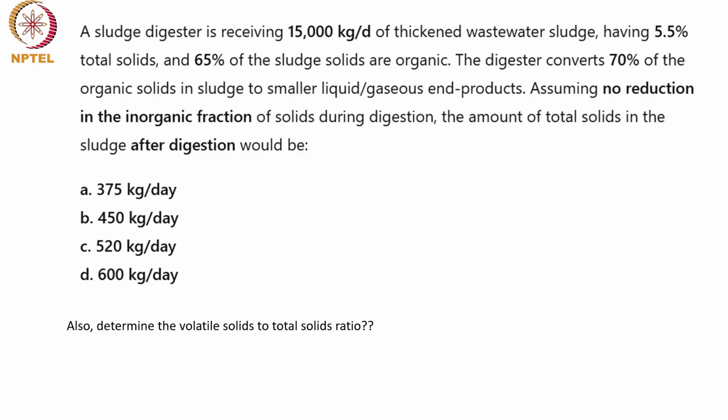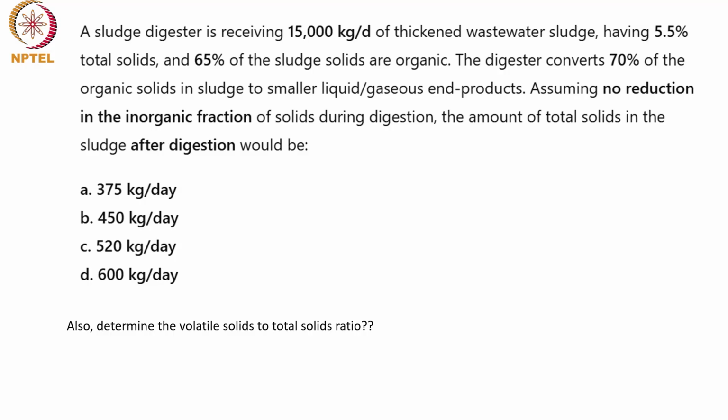But after digestion, what is the percentage of volatile solids? Total mass of sludge into 5.5 by 100 is your solids, and in that solids you have 65% organics, out of which 30% is remaining without getting destroyed in the digestion process.